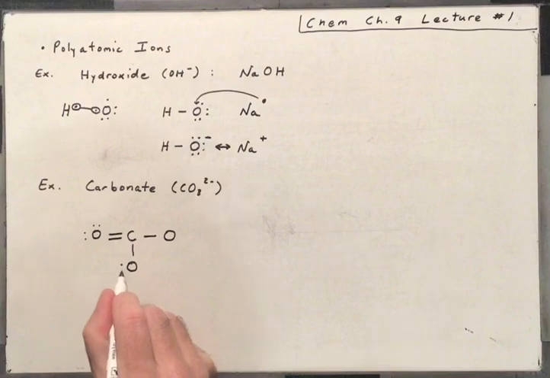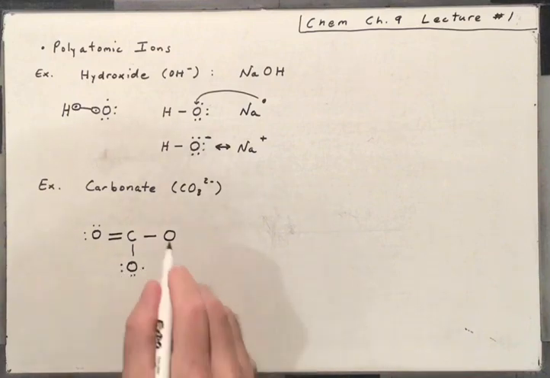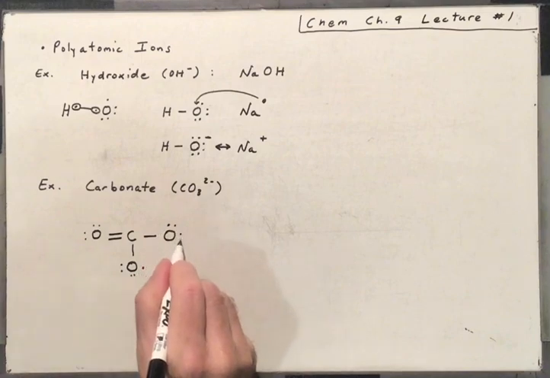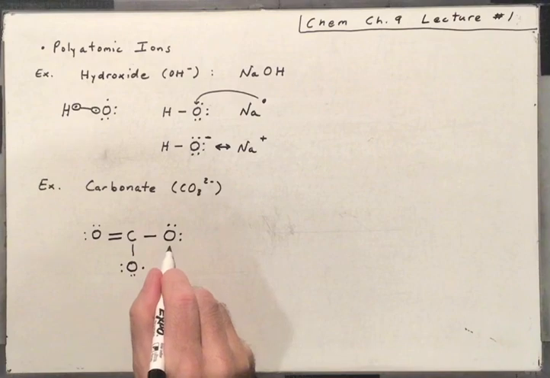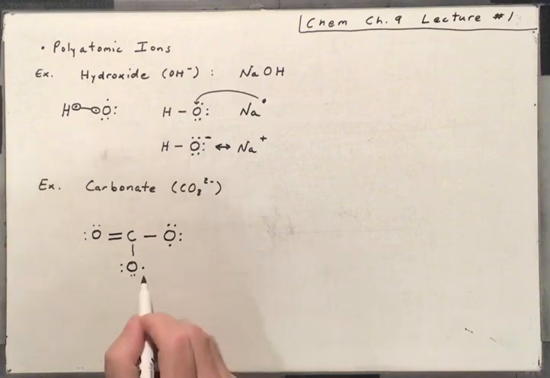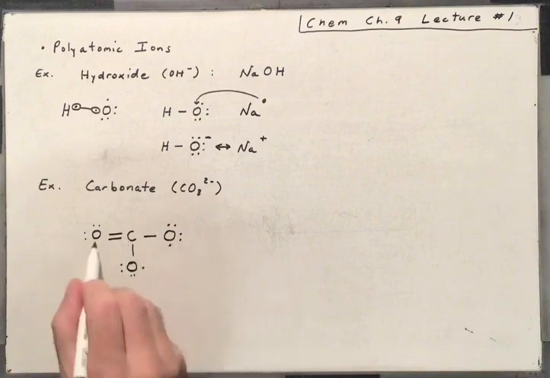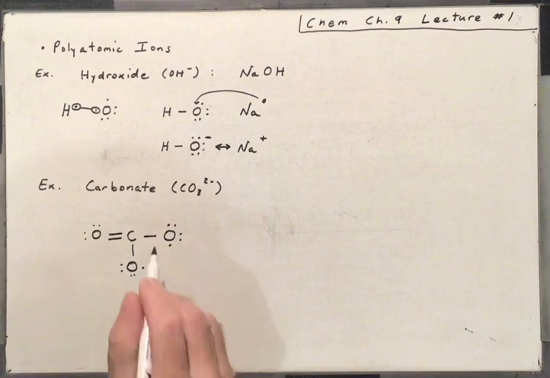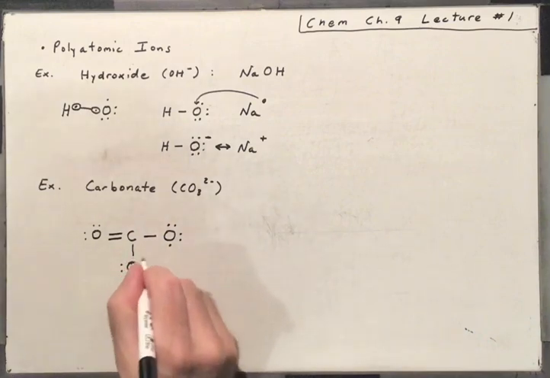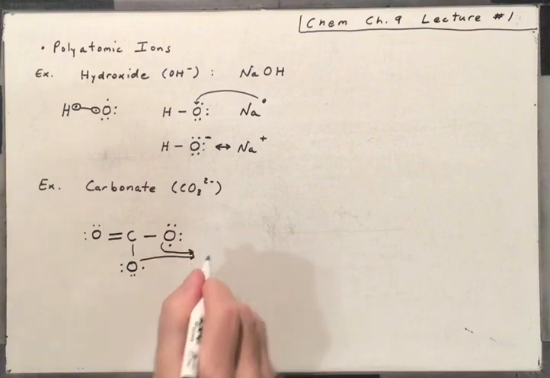All right, but the other 2 aren't able to achieve their desired octet rule. So you have carbon's happy, this oxygen's happy, but we have 2, 4, 6, 7, 4, 6, 7. So we have 2 open slots, one here and one here.